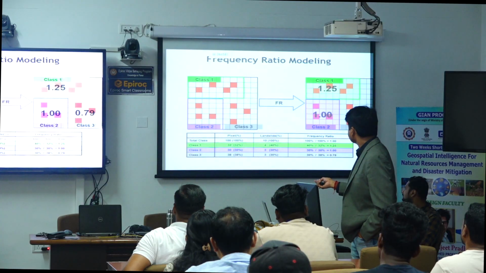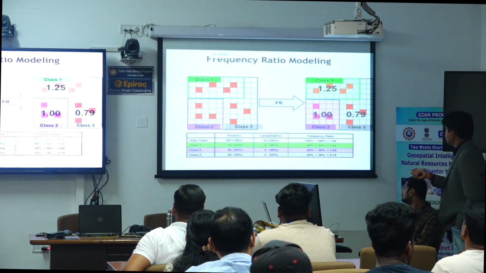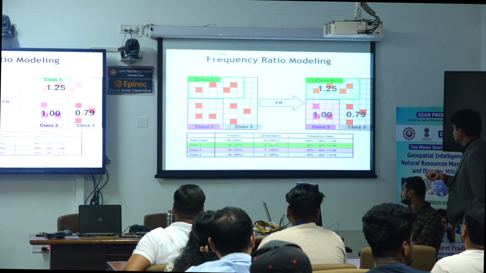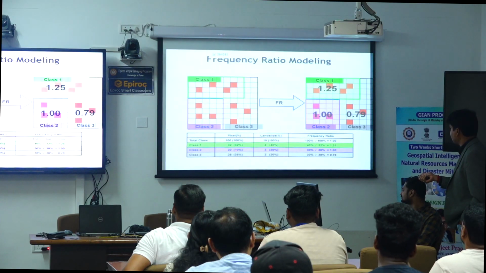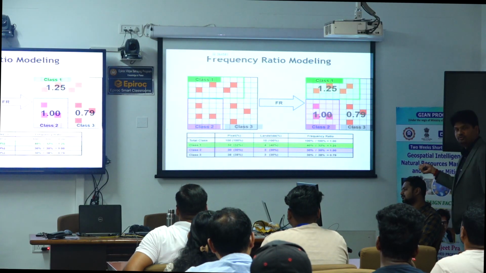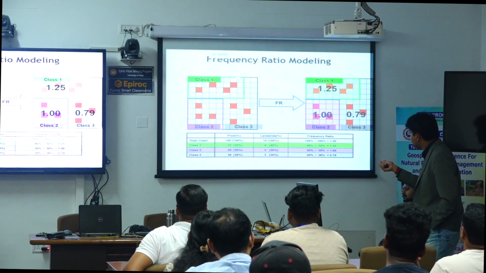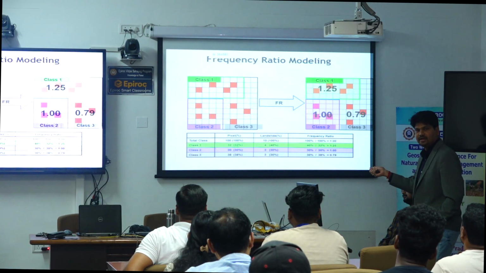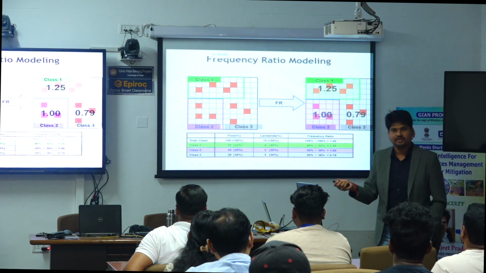Now once you obtain these values, for class 1 the frequency ratio value came at 1.25, because 40% divided by 32% gives about 1.25. So the next step is you reclassify this input data based on the value that you have obtained from the frequency ratio.